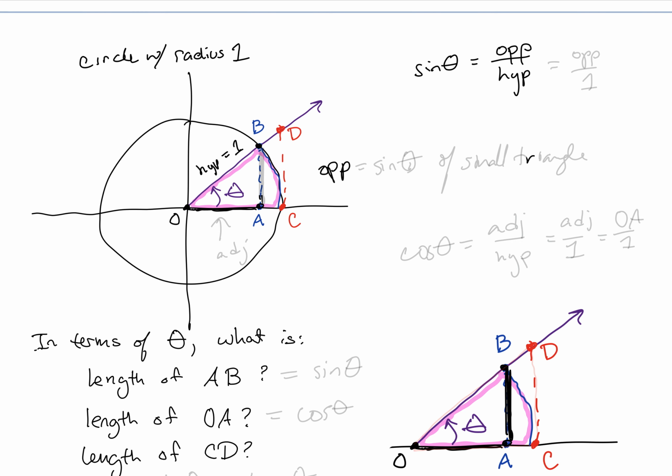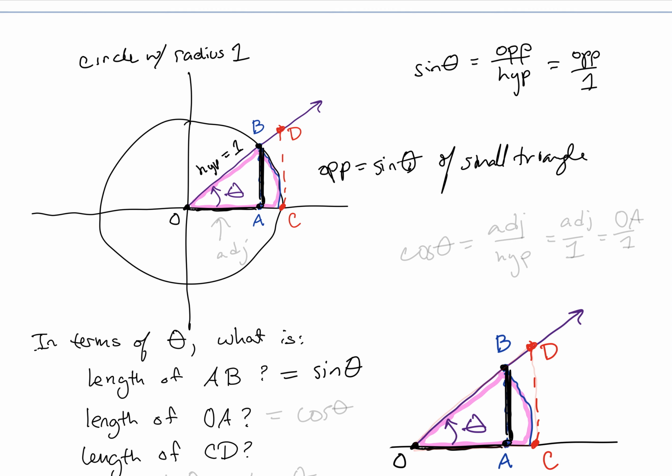Because this is a unit circle, the radius is 1, so the hypotenuse is 1, and this is opposite over 1. So in terms of theta, the length of AB is equal to sine of theta. Sine of theta is this opposite side length of the triangle AB, of that smaller triangle, and that's the length of the line segment AB.